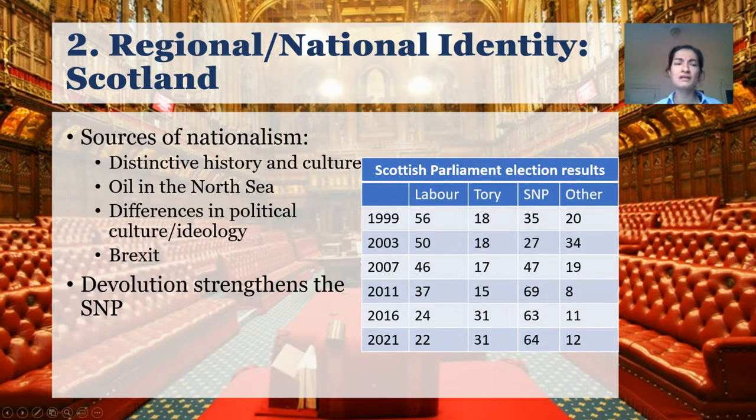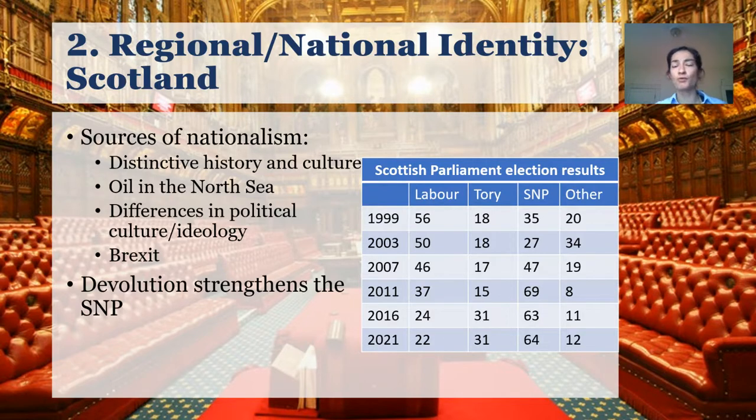But then starting in the early 2000s, Labour lost a lot of popularity in Scotland for a variety of reasons, one of which was that Tony Blair, the Prime Minister, took the United Kingdom into the Iraq War along with the United States, and that was particularly unpopular in Scotland. So Labour lost a fair amount of public support in Scotland as a result of that.